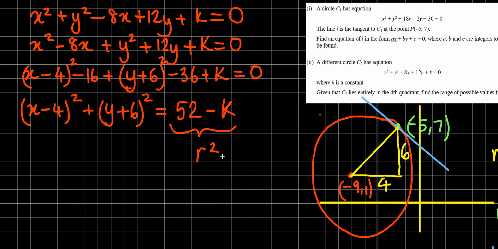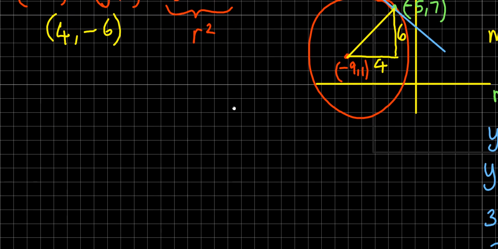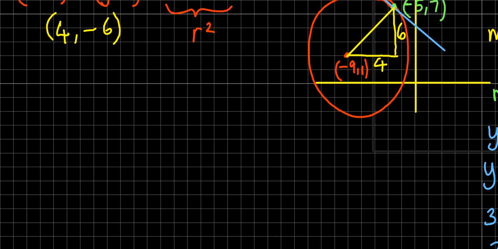Right, so we've got our center of the circle. The center of our circle is at (4, -6). So now we're going to look at our fourth quadrant.